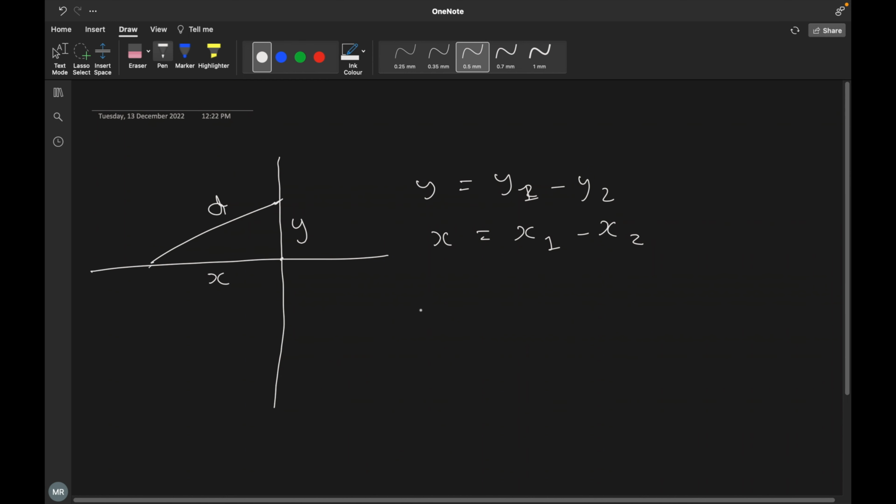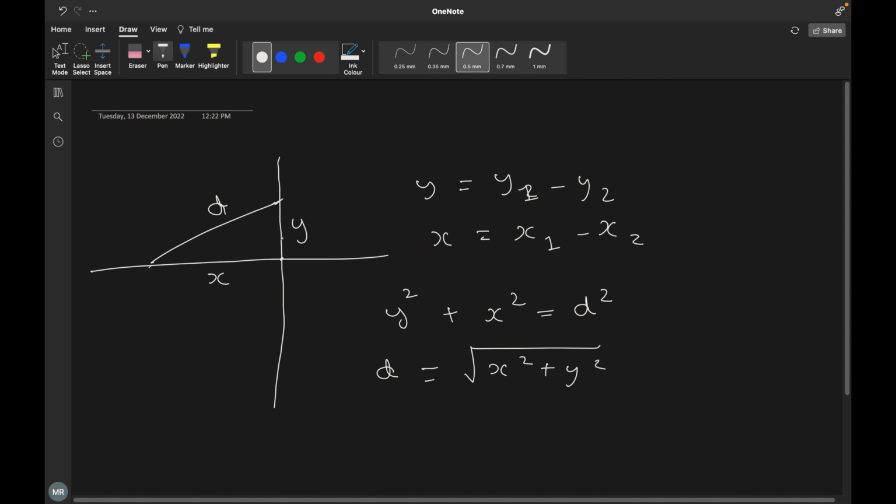So we know that x squared plus y squared equals d squared, which is the Pythagoras theorem, which you may have learned in like 5th grade. So d would be the square root of x squared plus y squared. That's true, right?